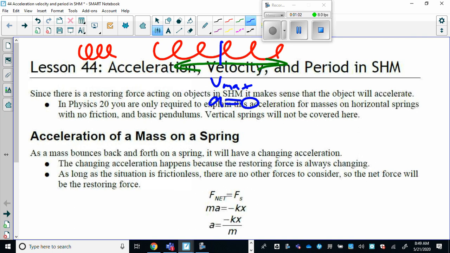On either ends, when it's stretched the maximum or compressed the maximum, it's going to have a velocity of 0, and the acceleration is going to be the maximum.